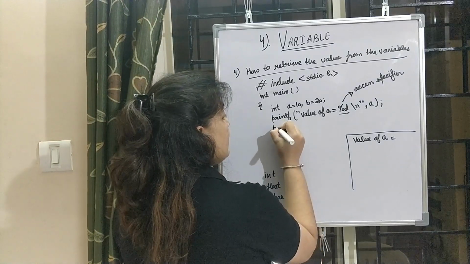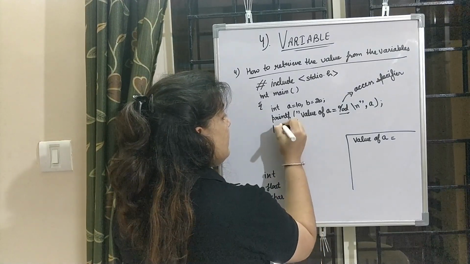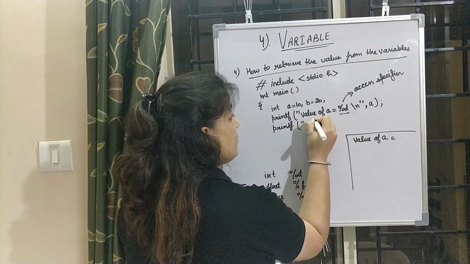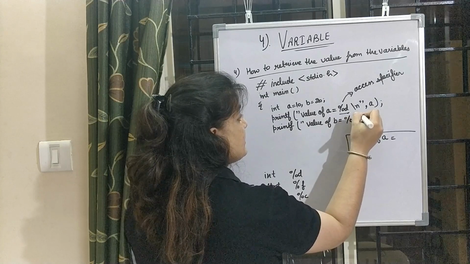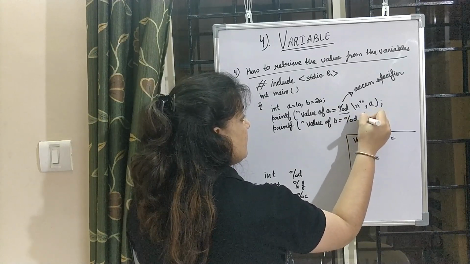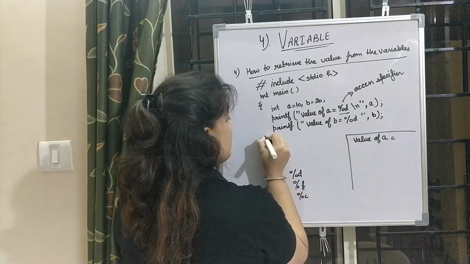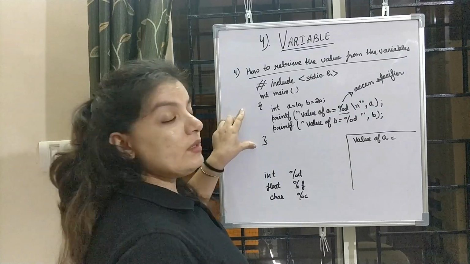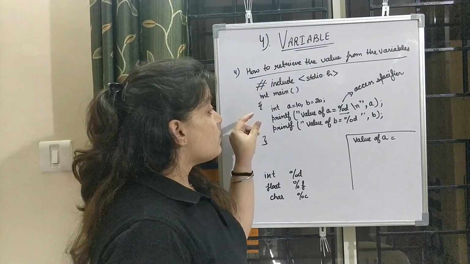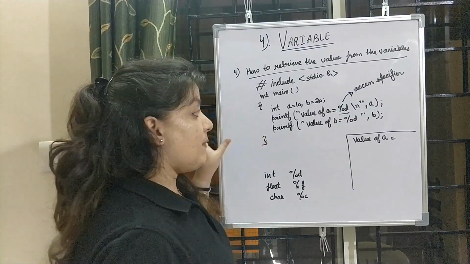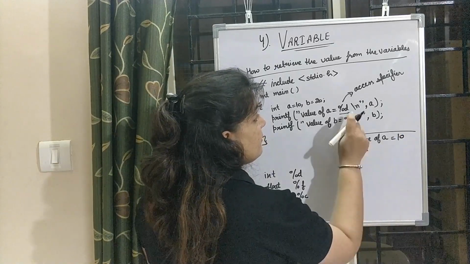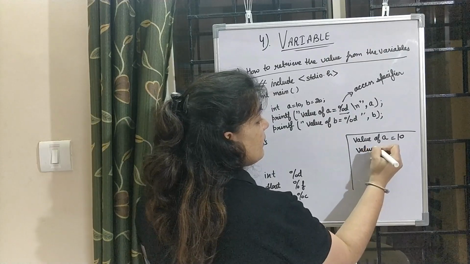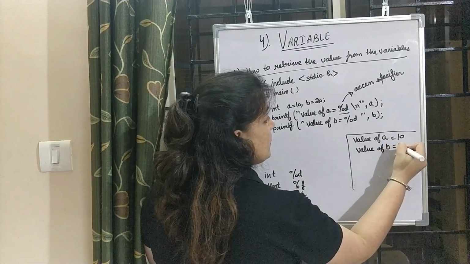Now next we want to print b. Value of b is equal to, here we need to write %d again, close, and b, and close this instruction area or curly braces. Whenever we execute this program, we will get the output: value of a is 10, then we move to the next line, value of b is 20.